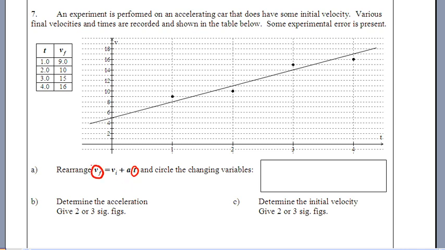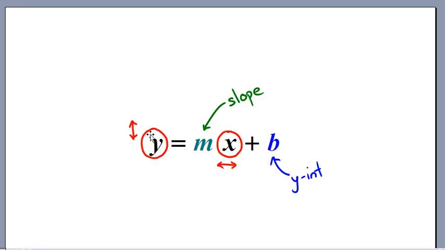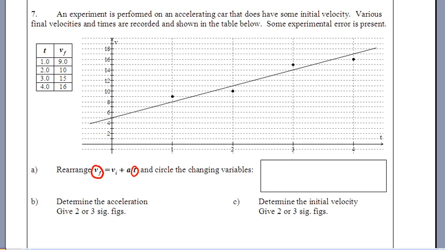Well, you need to rearrange that until it feels like this: vertical axis by itself on the left, equals, and then the term that contains the across axis with the across axis at the back end of it, and then loose stuff. So you've got to do a little rewriting of the equation, not much, but just a little bit to get it in that form.